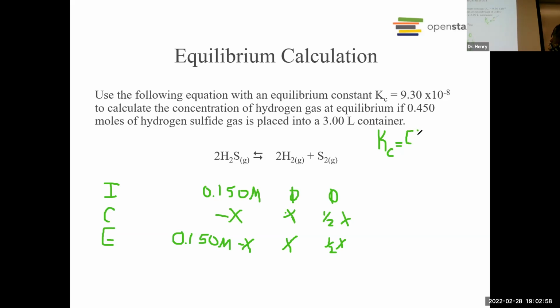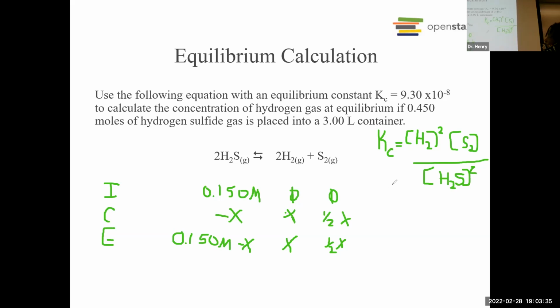Products over reactants: the concentration of H2, squared, that's right, times S2, over the concentration of H2S squared.